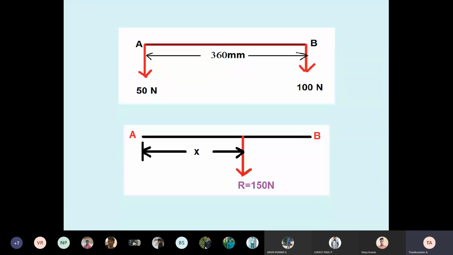Students, which point is the reference point here, A or B? Arun Kumar, Madhuban, which point is the reference point? While taking moment, I told you, you have to choose a reference point.